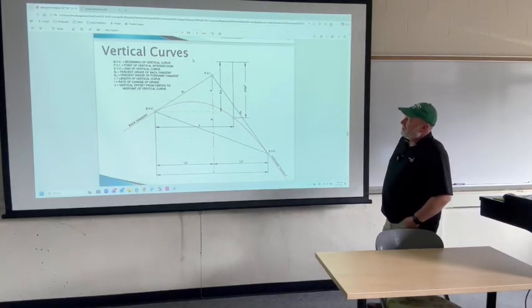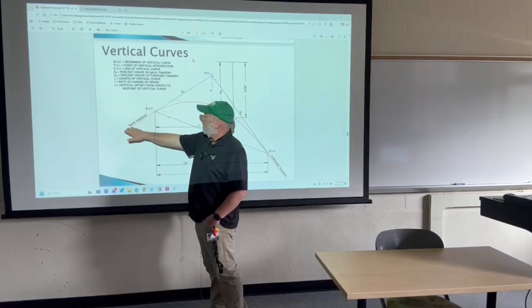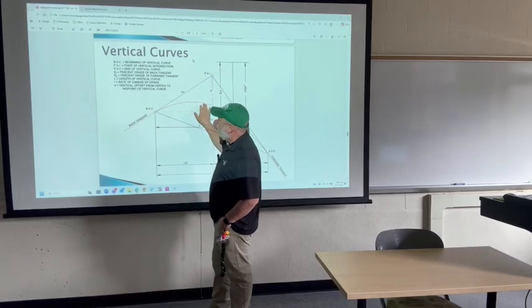This is a good example of an equal tangent vertical curve. So you have your BVC, which is the begin of the vertical curve. That's where you go from your back tangent into the parabola.